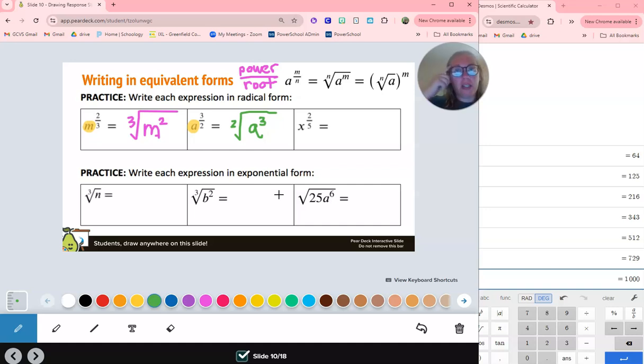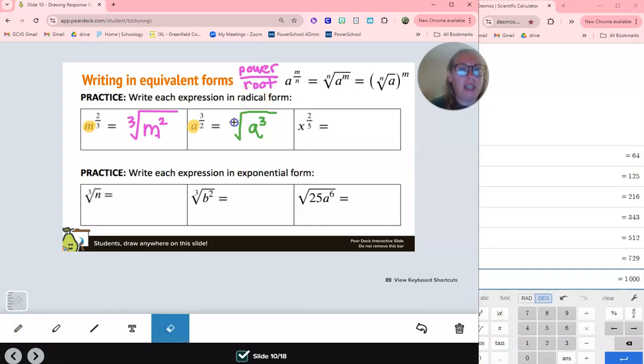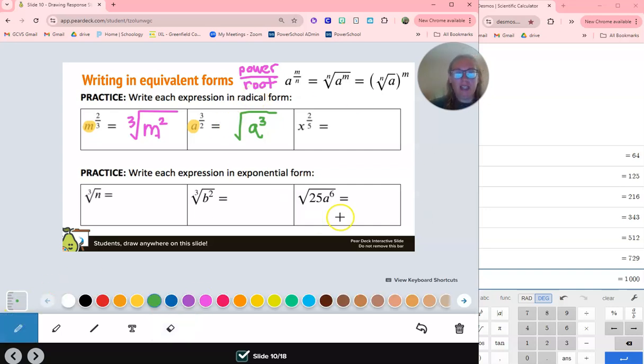We're not usually going to see that number 2 on the outside. It'll just look like this, and we know that that's the square root. Okay. One more here. x is our base. And our power is the number on the top of the fraction, which is 2. And we're doing the 5th root. Perfect.